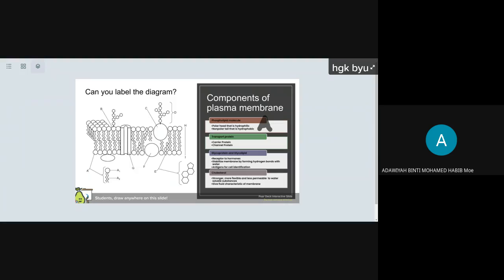Teacher, do I write it like that? Yes. Write it on the diagram. Misalnya A tu apa, B tu apa, right next to it. Okay, thank you for asking, Adawiyah.